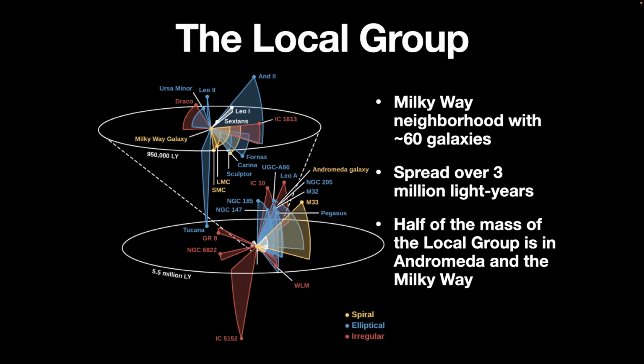The main two members are Andromeda and the Milky Way. So on our screen here is how this local group is laid out, with the Milky Way up here, Andromeda down here. Half of the mass of the local group is in the Milky Way and Andromeda. They are by far the biggest galaxies in this group. They dominate this group.